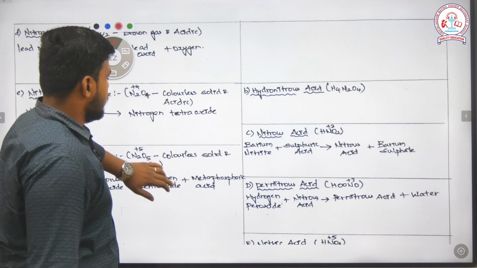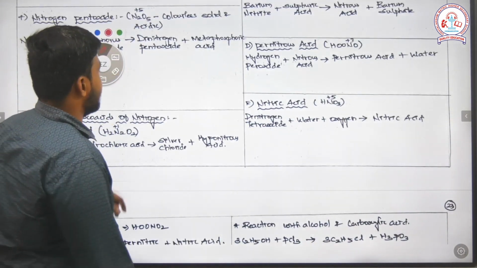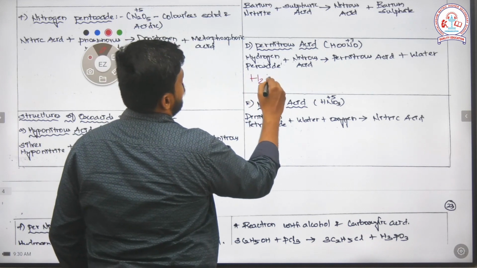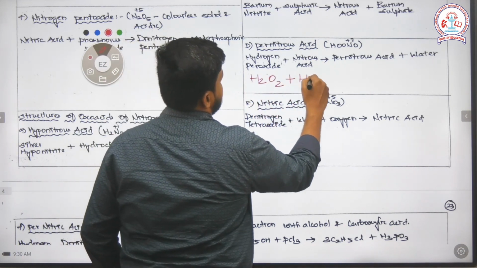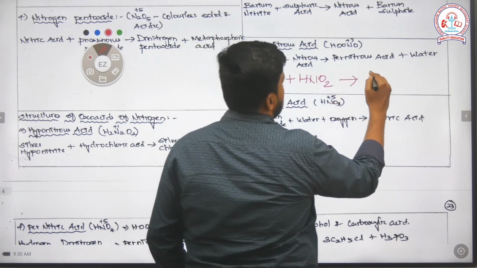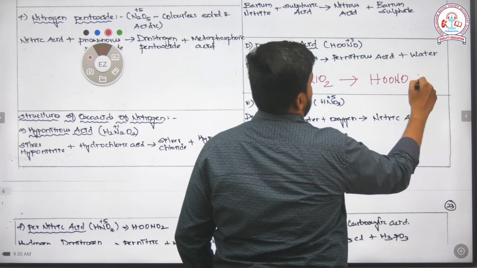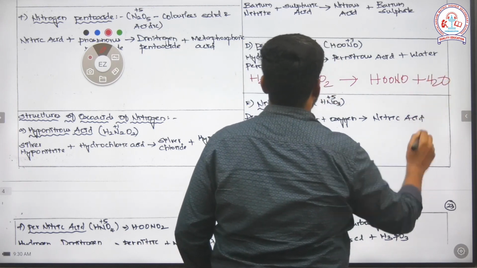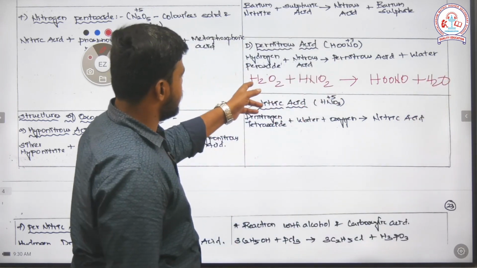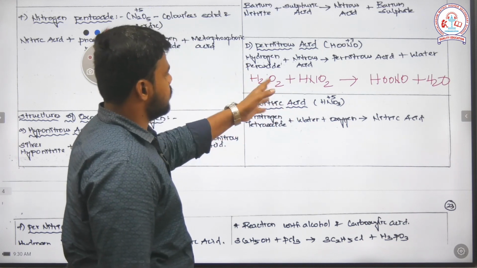The next one, pernitrous acid. Hydrogen peroxide, H2O2, reacts with nitrous acid, HNO2, to give pernitrous acid, which is HOONO, plus H2O. So for balancing we need to check: hydrogen 3, here it is 3, oxygen 4, nitrogen 1.